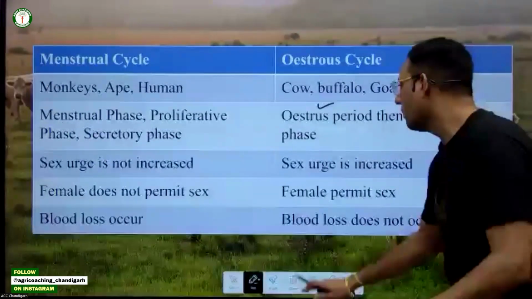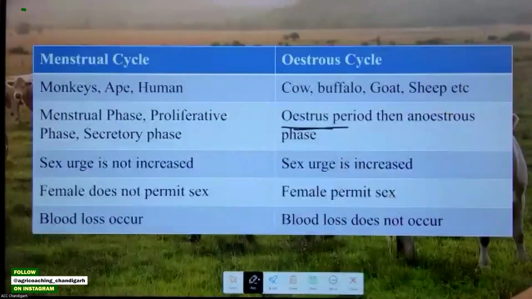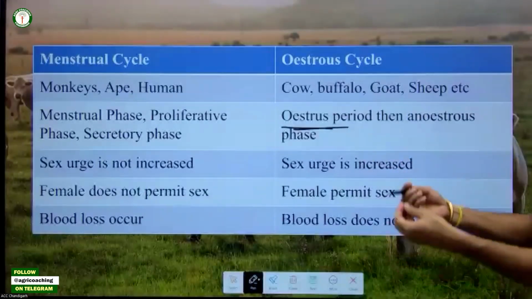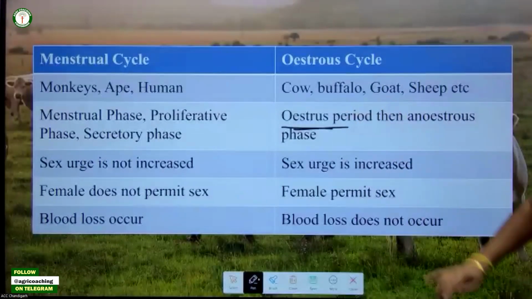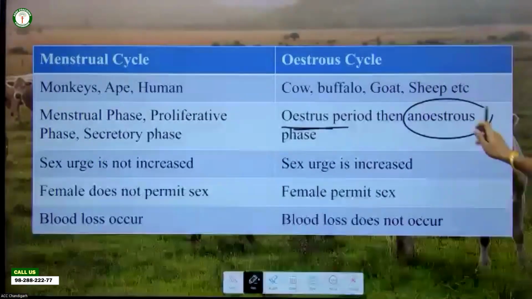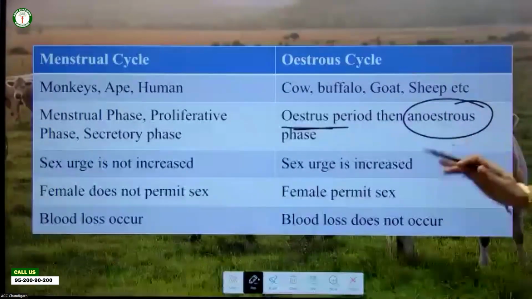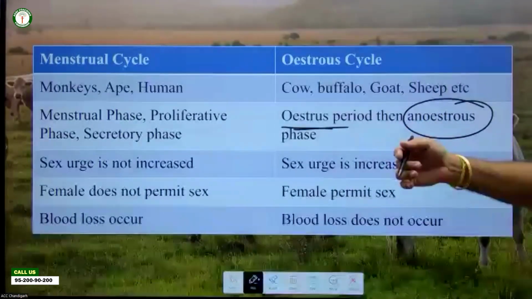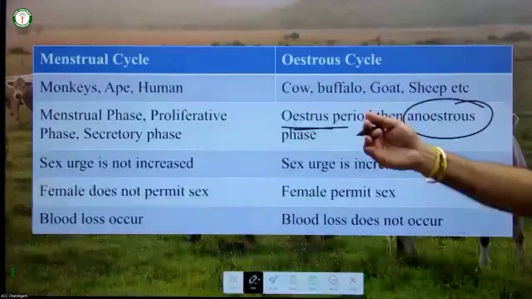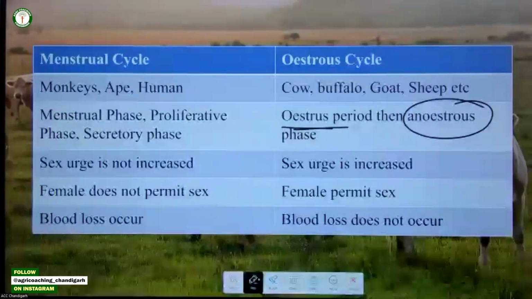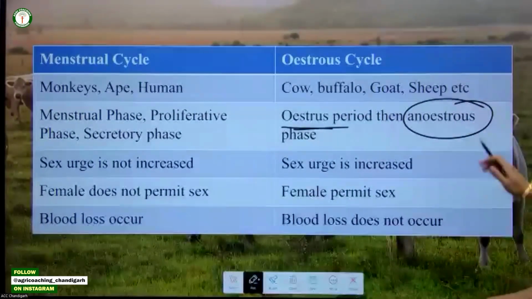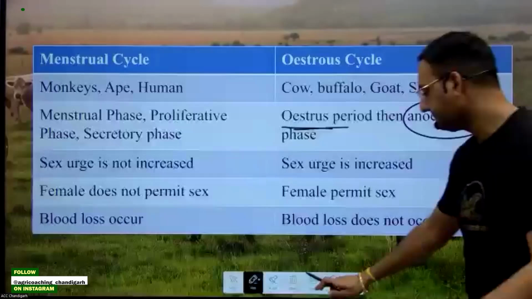When the cow is in heat period, when the cow is showing you symptoms of heat, that will be known as the sexual intensive period, estrus period. And when the cow is not in heat, that will be known as anestrus period. So these are not actually phases. These are just examples. Like when the cow is in heat, that is estrus. And when it is not showing the sexual intensive phase or symptoms of heat, that will be known as anestrus.